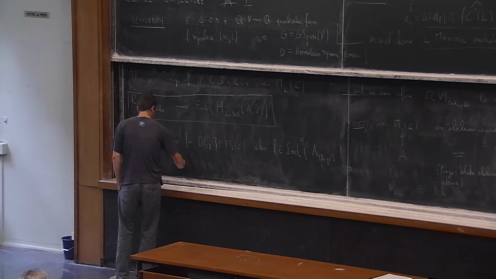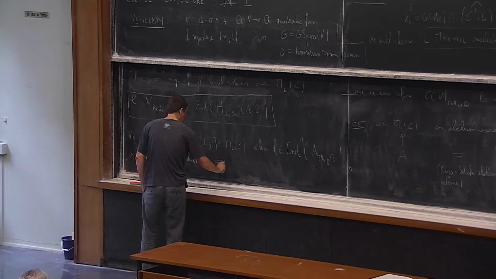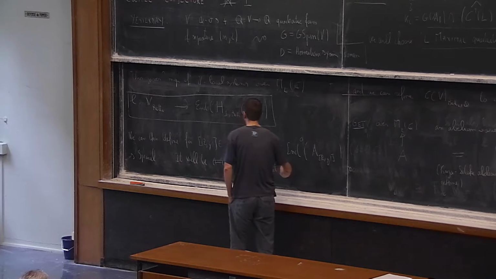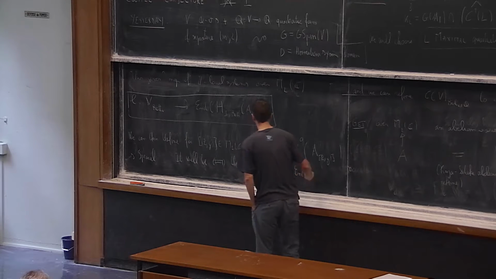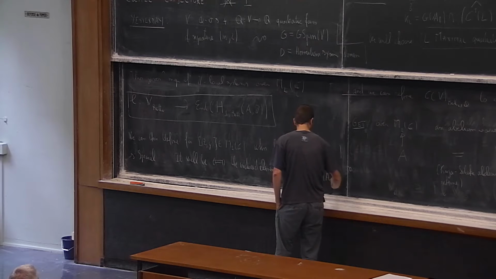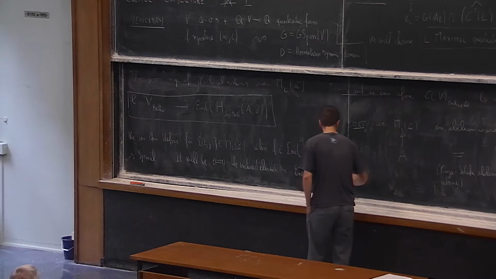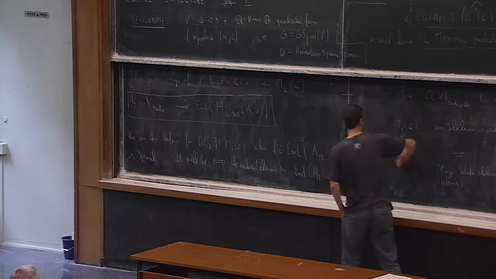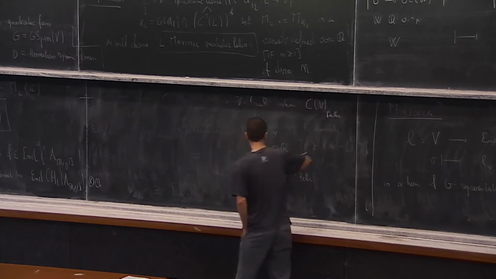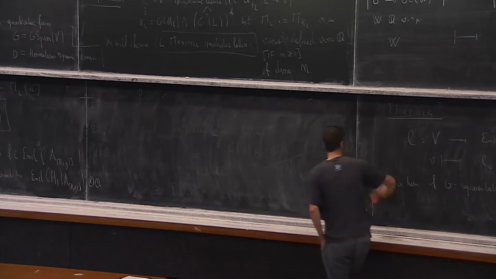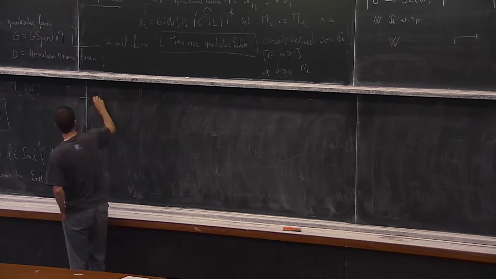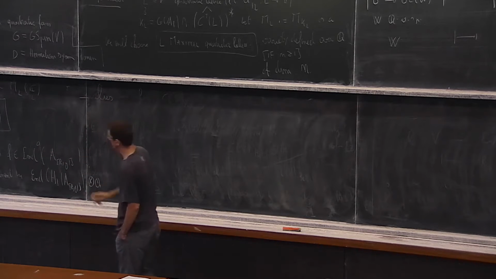It will be if and only if the induced element in the endomorphisms of H1 of A_zg, tensored with Q because here we are considering the endomorphism algebra, lies in the image of V Betti.